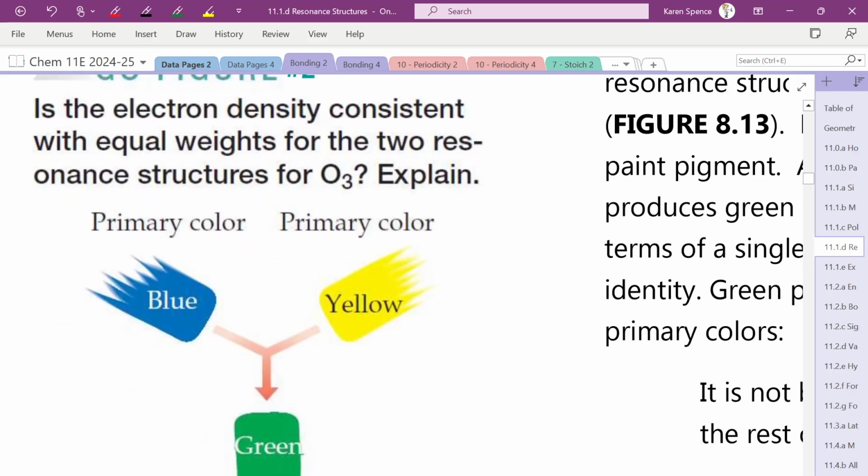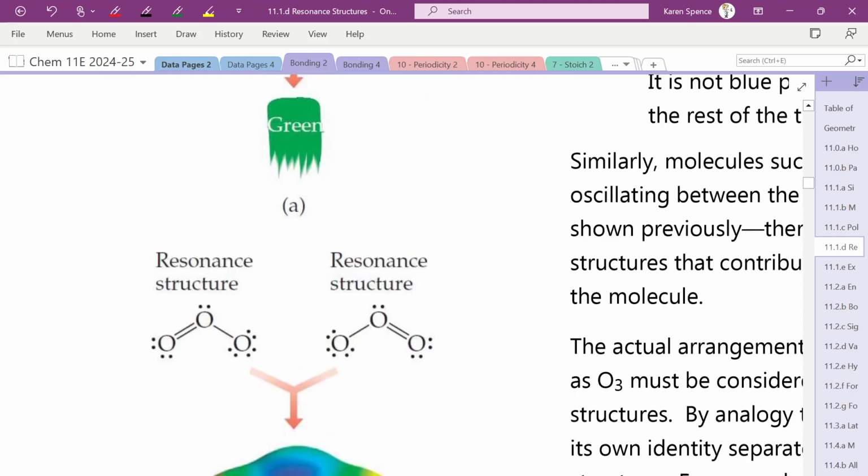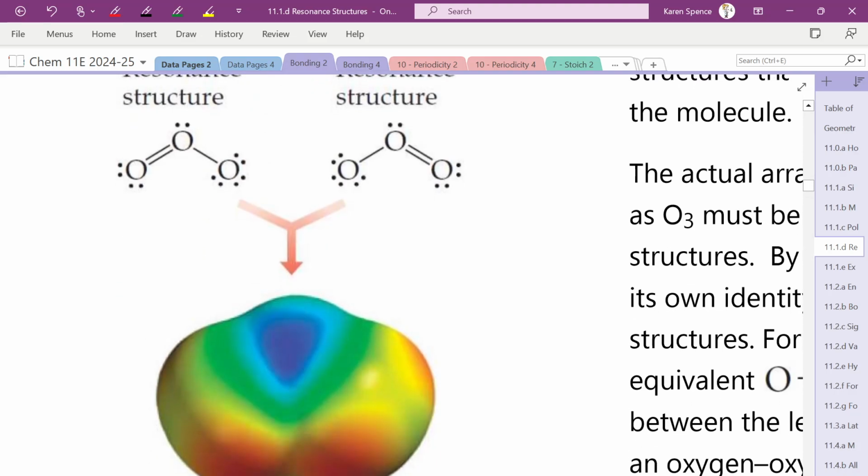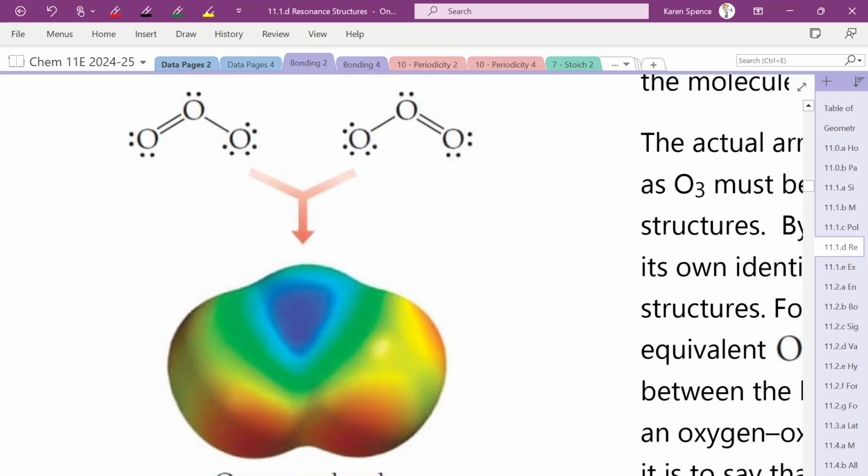Okay? So rather than going back and forth between double bond and single bond, we get a structure where it's the same on both sides. It is symmetrical. The bond length here is the same as the bond length there.